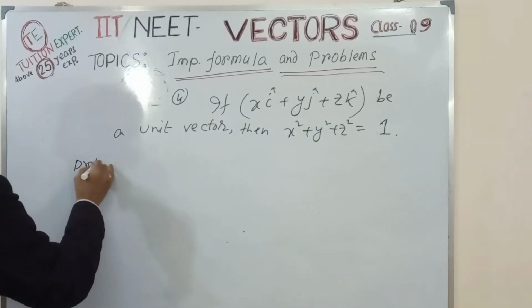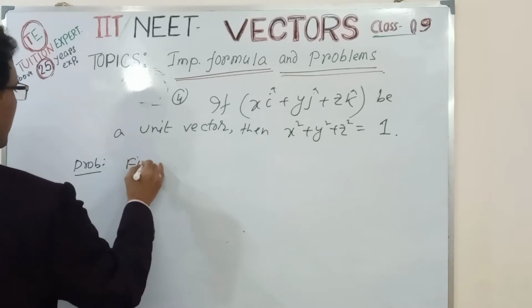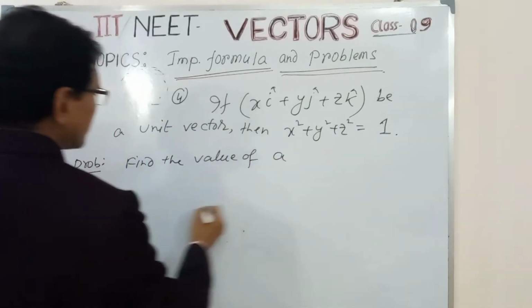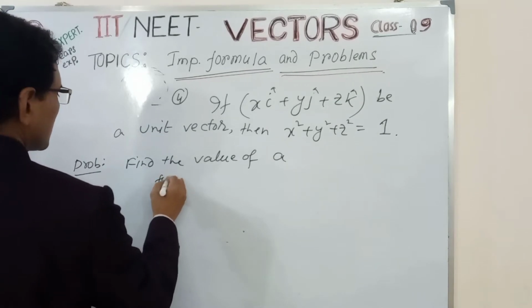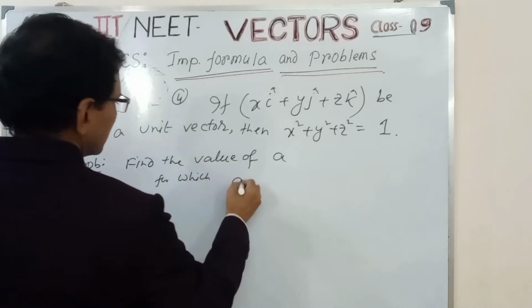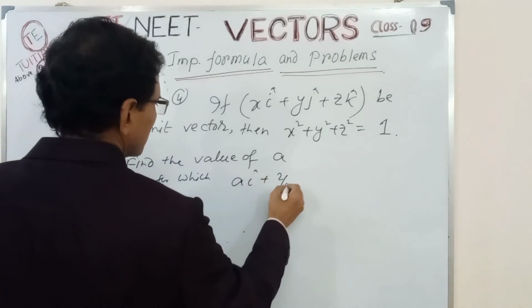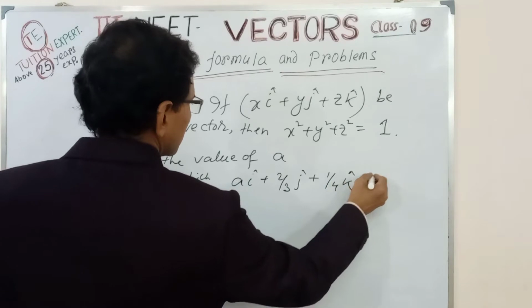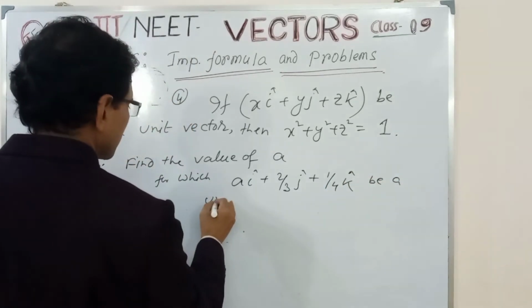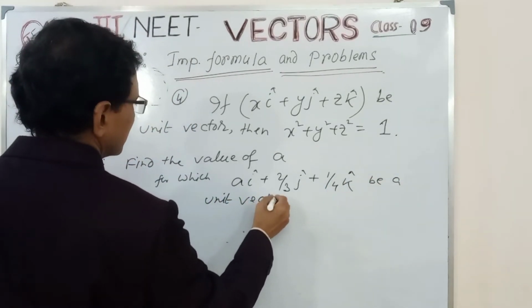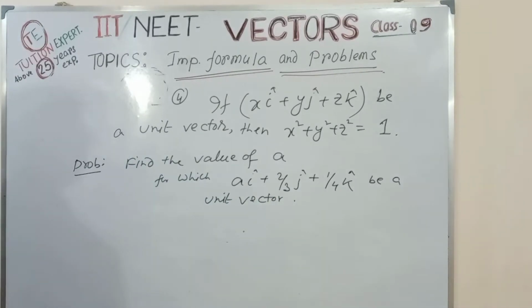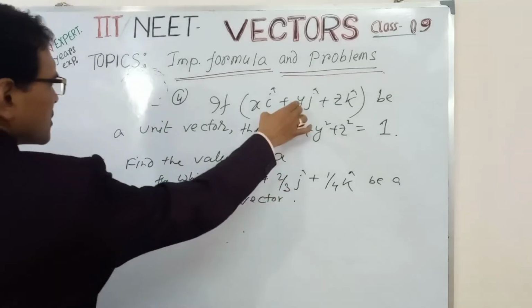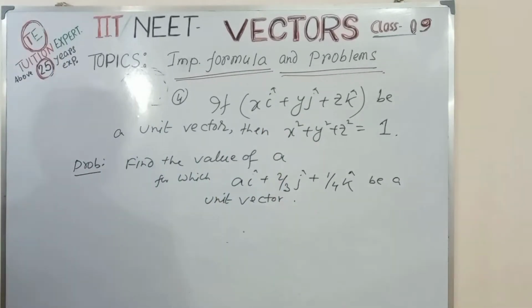Problem: find the value of A for which this is a unit vector. Formula this, and the problem related to that formula is this.